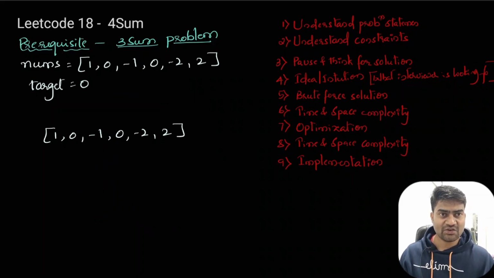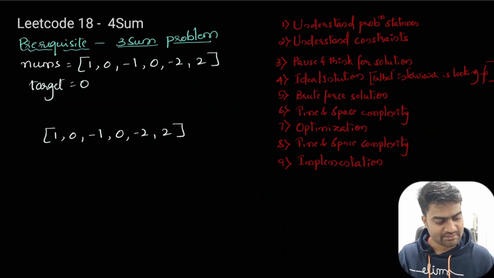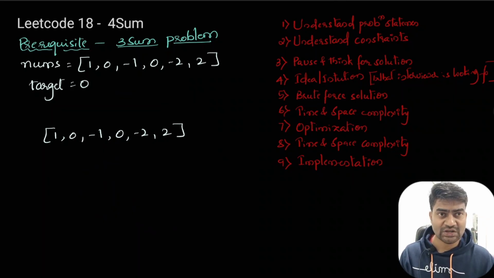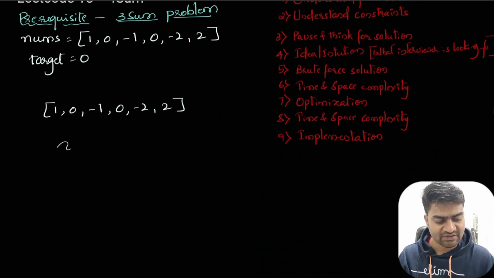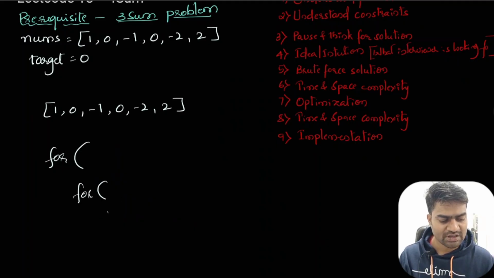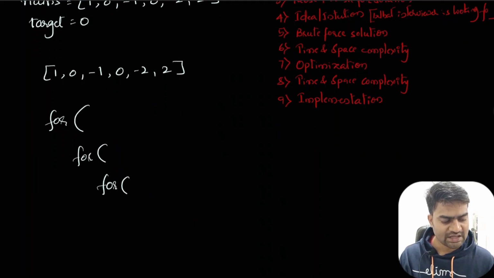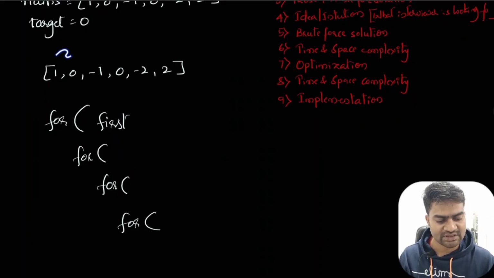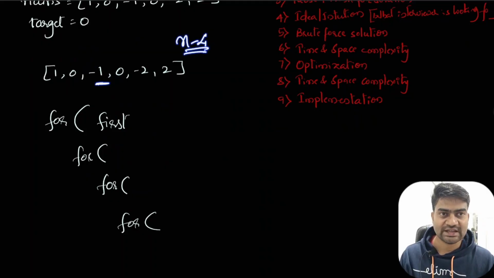Okay, so maybe what we can do is quickly look into the pseudo code. Basically we need for loops: one for loop, second for loop, then third for loop, and fourth for loop. So this is our first number. What I did, I started with this number, then I moved to this number, then to this number. To the max I can move till index n minus 4, till here.